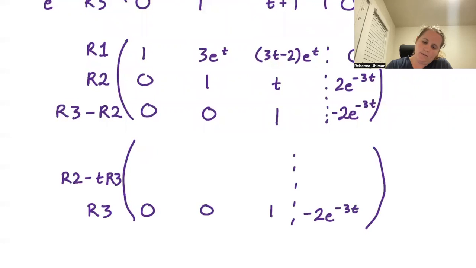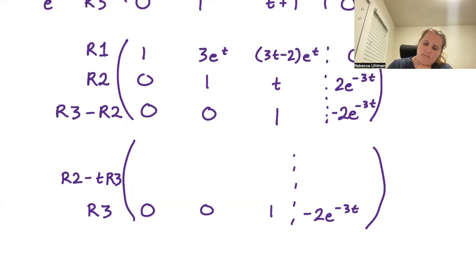Our second row is 0, 1, 0. And then we would have 2e to the negative 3t minus 2t, minus negative 2t e to the negative 3t. So that becomes 2 times (t plus 1) e to the negative 3t.